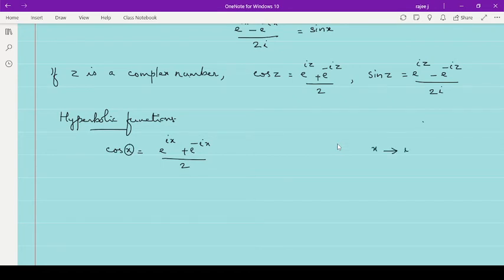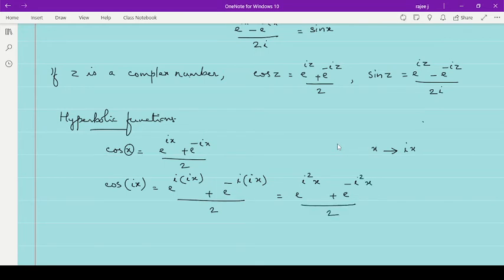Then I am going to replace this x with ix. So this will be cos of ix is equal to e raised to i, x is replaced with ix, plus e raised to minus i into, again x is replaced with ix, divided by 2. So this is equal to e raised to i square x plus e raised to minus i square x divided by 2.